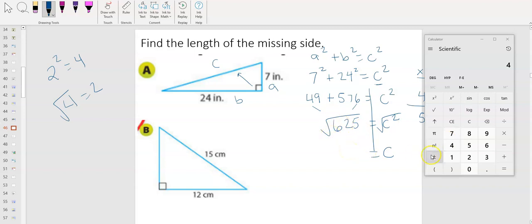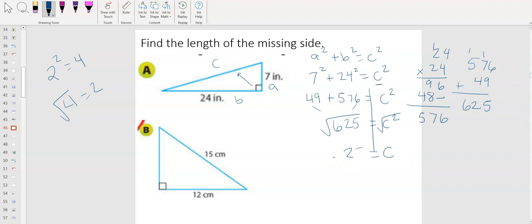I'm just going to type 625 square root. There we go. That's 25, and we can double check that. 25 times 25 is in fact 625. So the length of c is 25, and this is inches based upon the units in our triangle. So that is my answer.